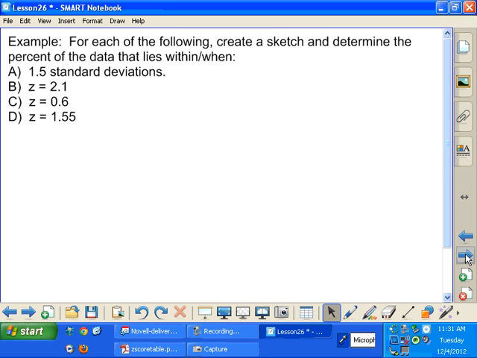So one last example. For each of the following, create a sketch and determine the percent of the data that lies within the following. So A part is 1.5 standard deviations.